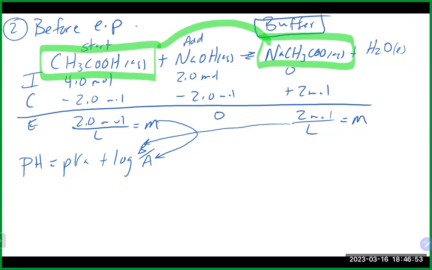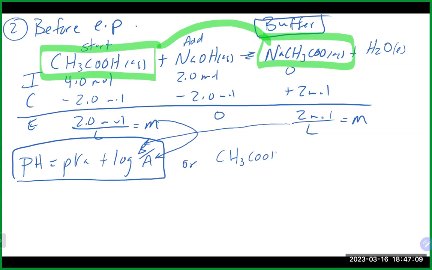Alternative to this, like we talked about with buffers, if you choose not to use the Henderson-Hasselbalch equation at this point, you could do an ice table. You could still do the acetic acid breaking apart into H+ and acetate, where you would take your initial concentration of your acetic acid from above.